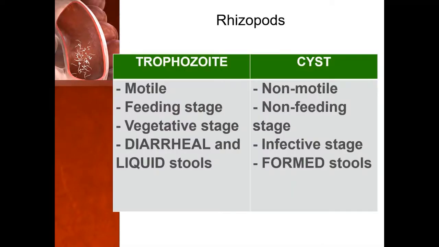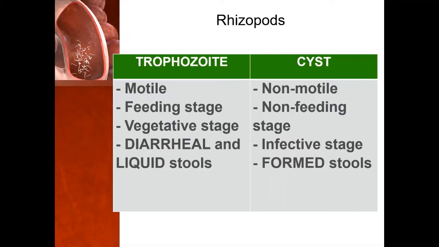So to give you a differentiation of the trophozoite versus the cyst, please look at this table. Number 1, motility. Trophozoites are highly motile, and the presence of the pseudopodia is very much seen in this stage. While cysts are non-motile.